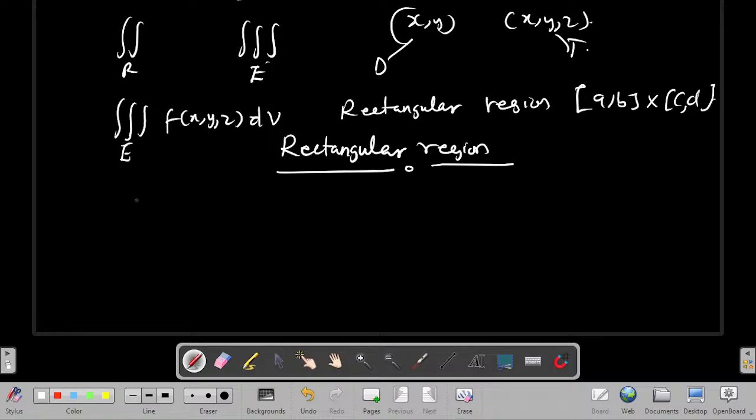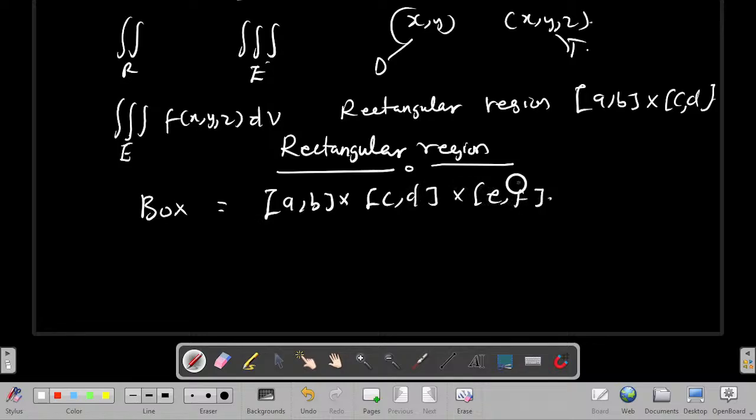So here we have a box, like the volume of a box. The region is going to be set as a comma b cross c comma d cross e comma f, right? We are entering the third dimension. So this is for x, this is for y, and this is for z, the respective domains, the boundaries in the different directions.